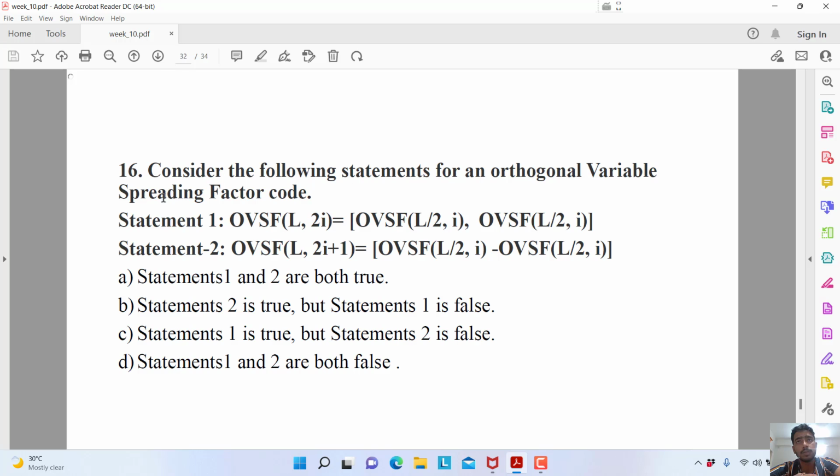The next question is also related to the previous one.